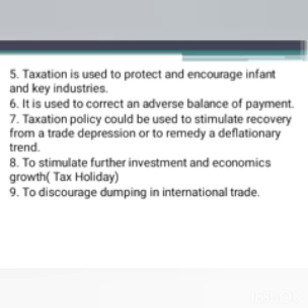It is used to correct an adverse balance of payment. So when we say adverse balance of payment, we're talking about deficit balance of payment, meaning this is when your payment on importation is higher than exportation.